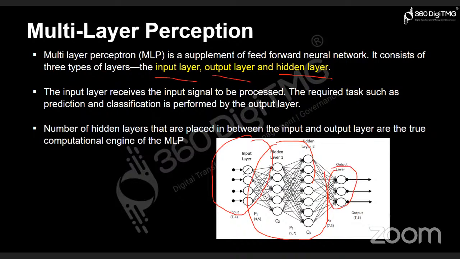Whatever weights the input will have, they will have different weights going to different hidden layer nodes, and accordingly the weighted inputs are calculated.